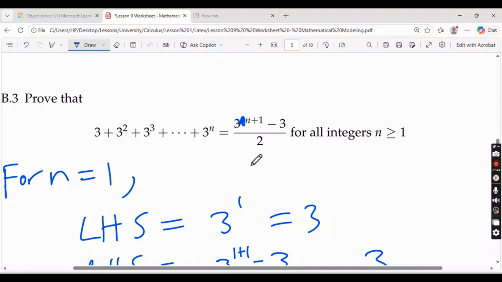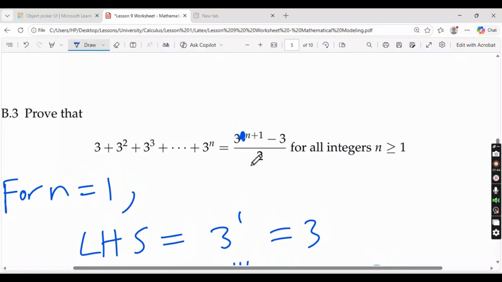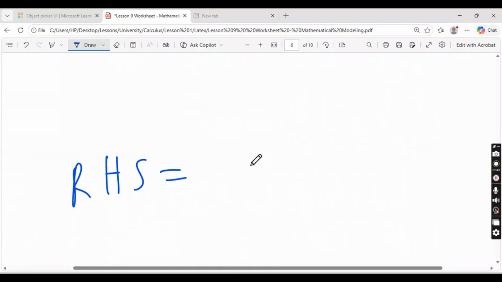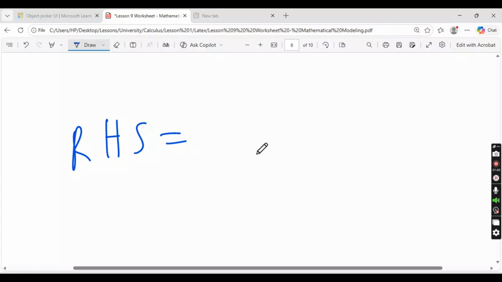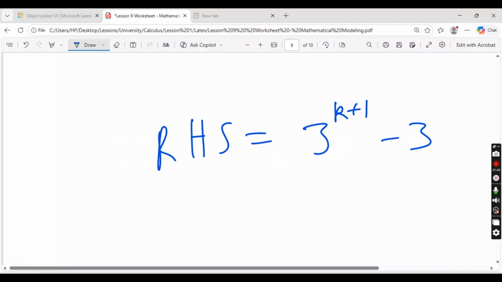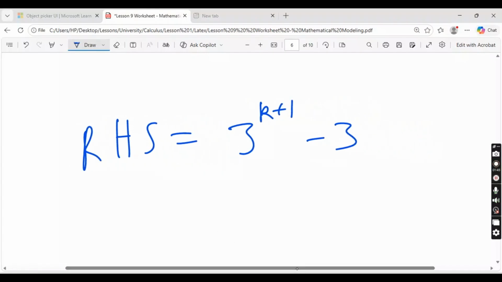Oh, okay, it's just 3 to the power of k plus 1 minus 3, all over 2.